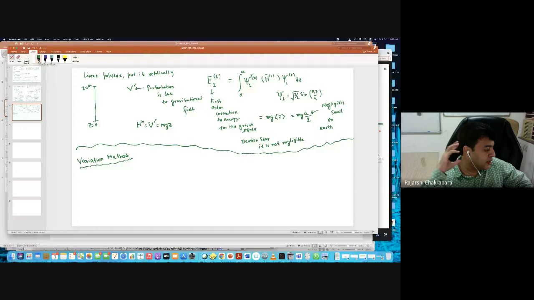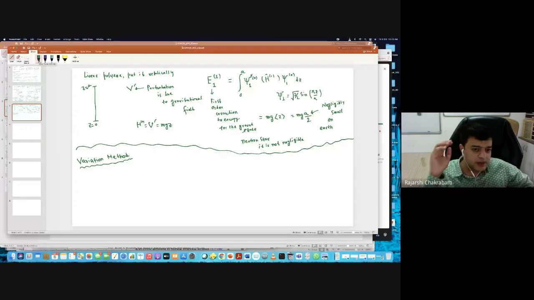There are packages like Gaussian, MolPro and others. I think all these packages make use of this variation method that I'm going to discuss now. Of course, briefly. And we'll see what it means.